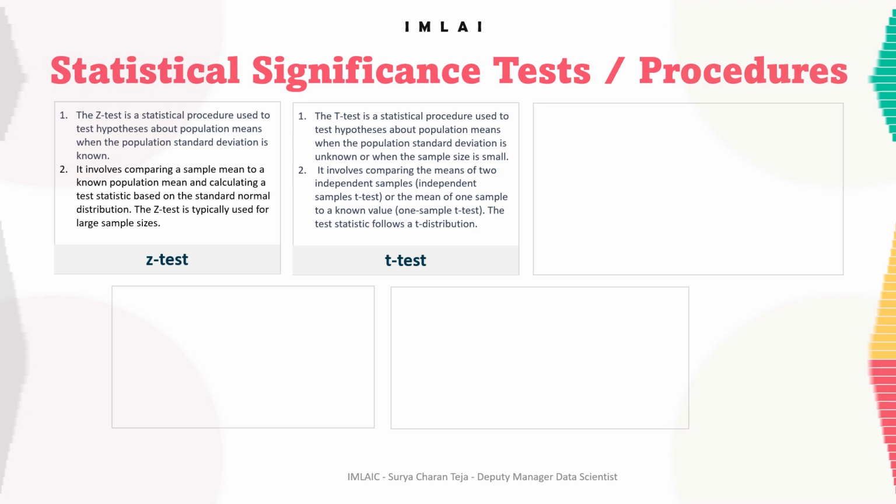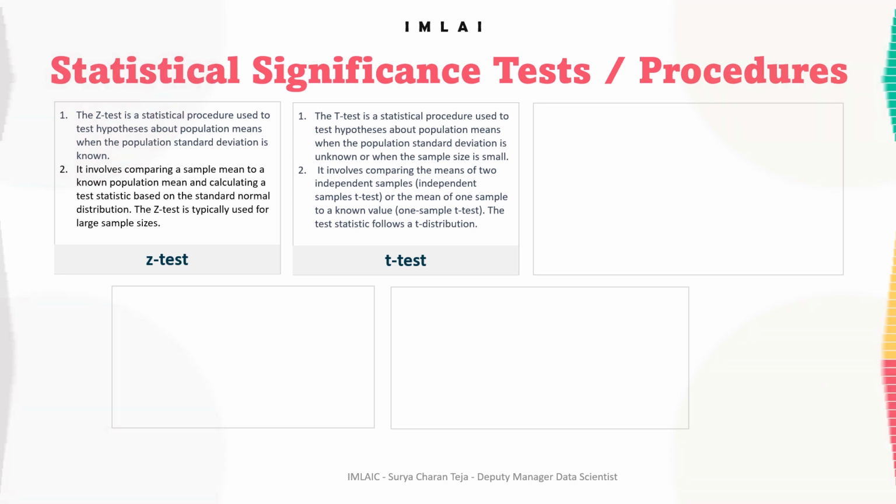So it involves comparing the means of two independent samples, that's why it's the independent samples T test, or the mean of one sample to a known value. Of course, that's called the one sample T test. The test statistic follows a T distribution.